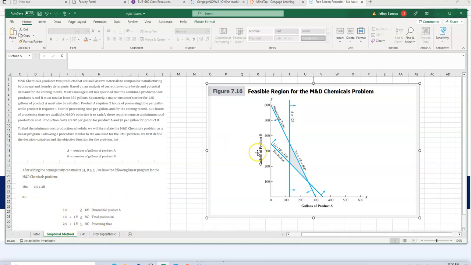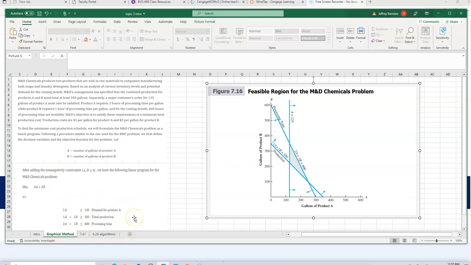So one more time, this is a key concept to go along with decision variables, objective function, and constraints: the feasible region is the set of values of A and B that minimize the objective function but also satisfy all three of these constraints.